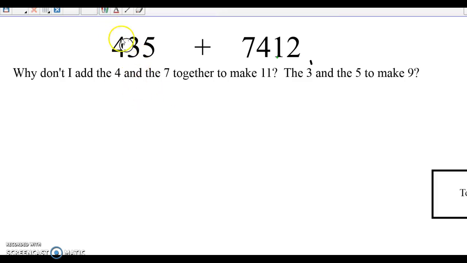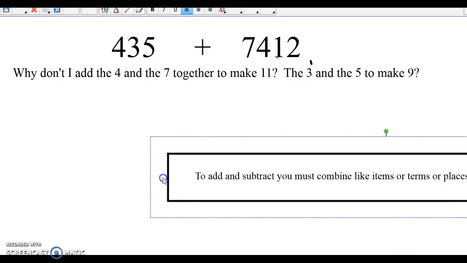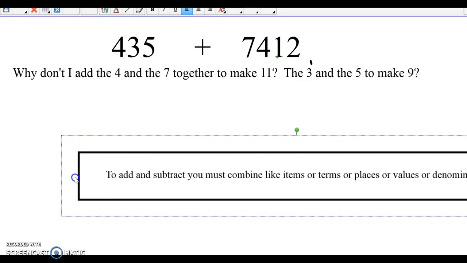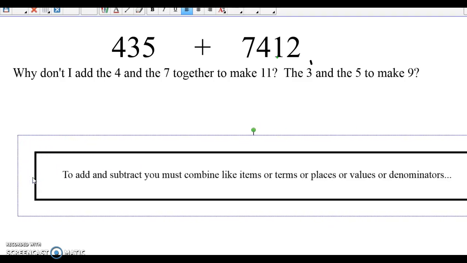Anyway, we know the answer to that. The answer is that they need to be like terms. So if you add or subtract, you've got to combine like items, or like terms, or places, or values, or denominators, etc. But they have to be like in order to add or subtract them.